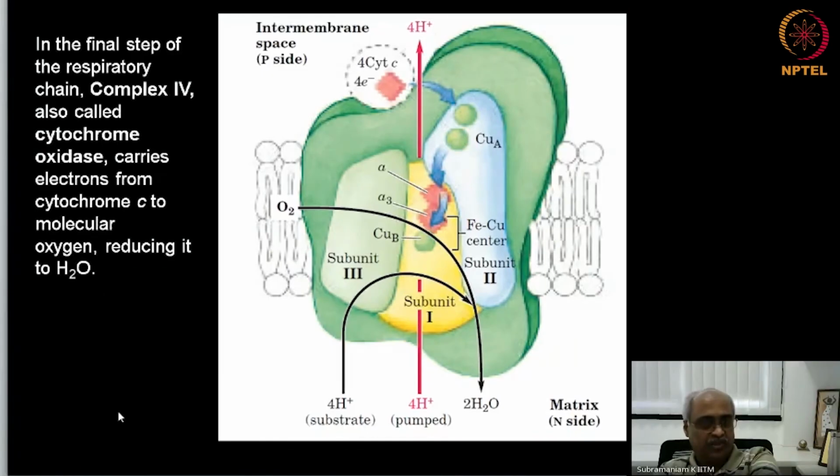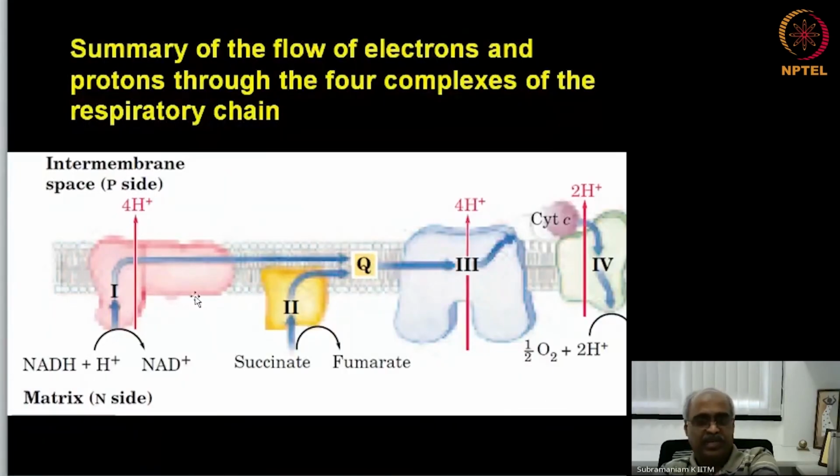So I'll stop here today, and the more theoretical considerations of this process, that is the chemiosmotic theory, we will do tomorrow. This is the summary of whatever we have learned so far.